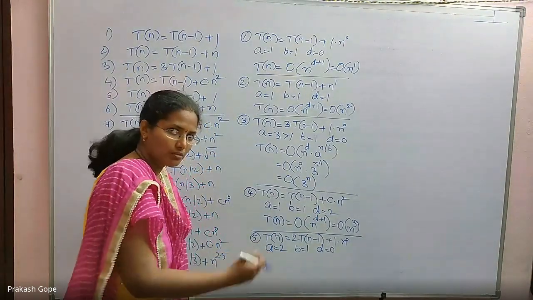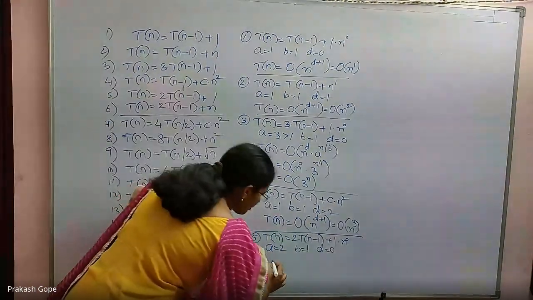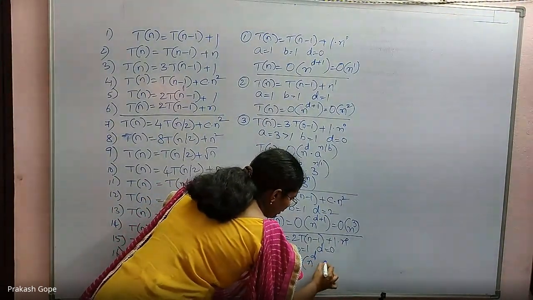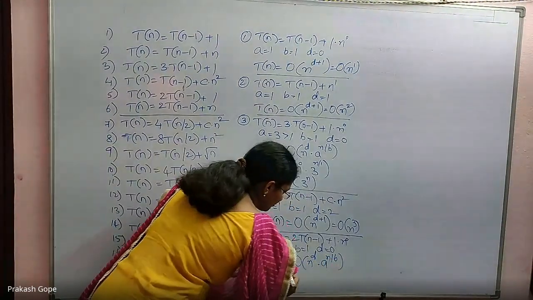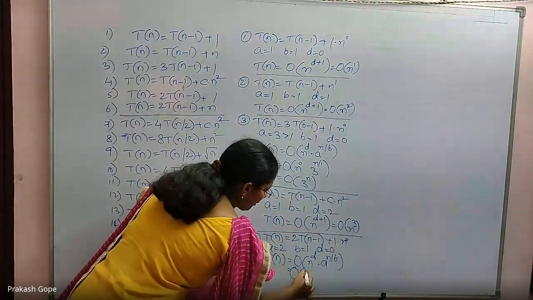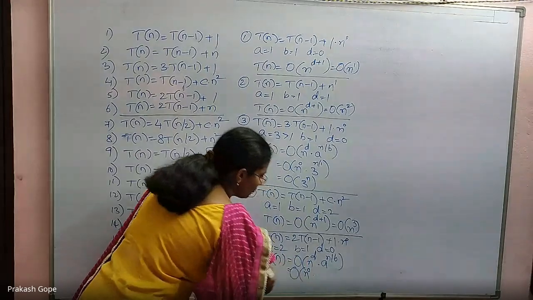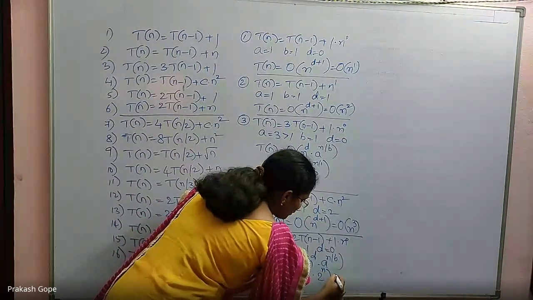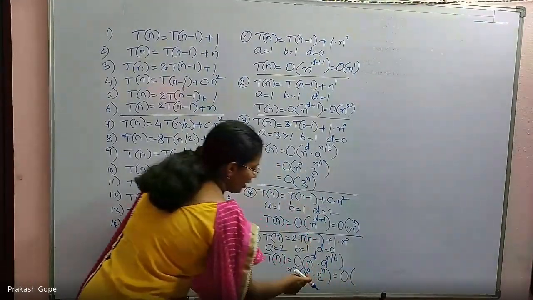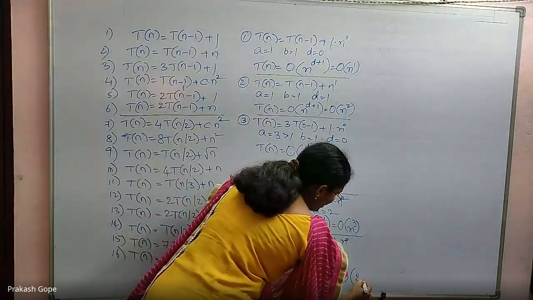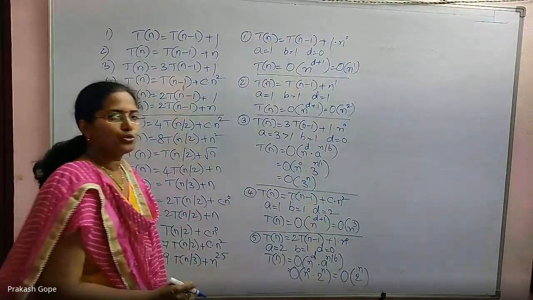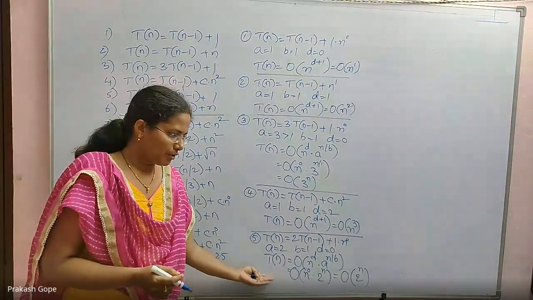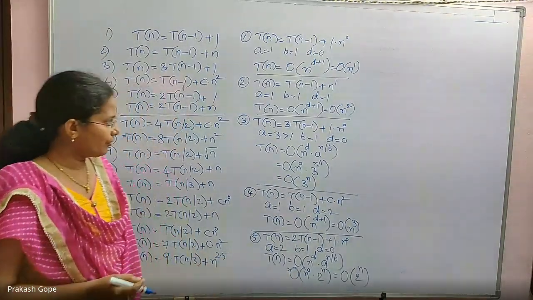So T of n is equal to big O of n power d into a power n by b. N power 0 into a, a is 2, 2 power n by 1. Big O of n power 0 is 1, so 1 into 2 power n. So the answer is big O of 2 power n. It's visible, right? Big O of 2 power n is the answer for the fifth question.